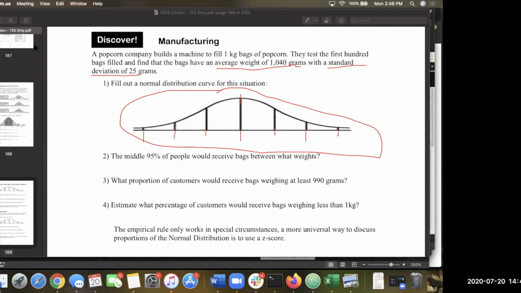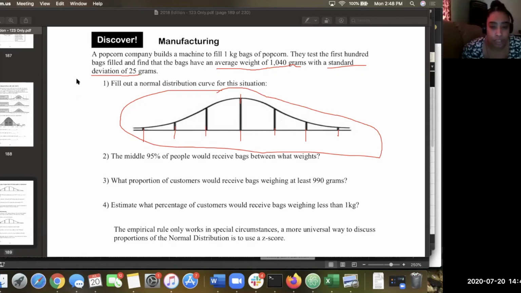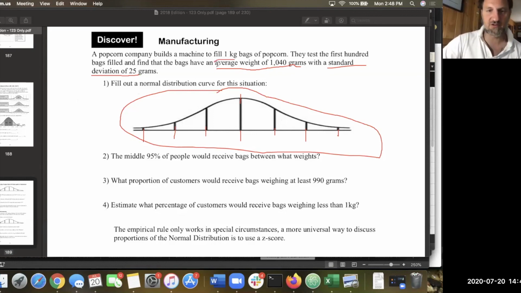The 1,040 grams. 1,040, because it's the average, and by average they mean mean. And remember, for a normal distribution, you should have the mean, median, and mode all in the center of the graph. So you start with the mean and you put it in the center.